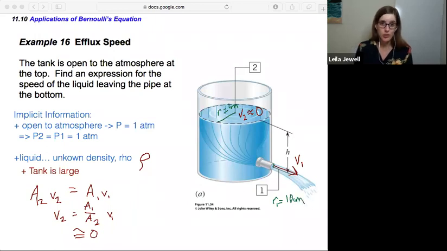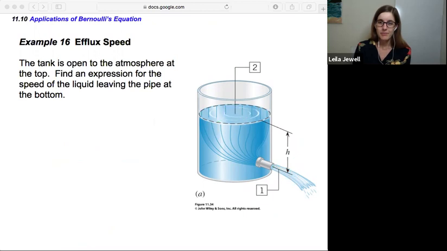And when you square those radii and divide them by each other, you do find that it's a tiny amount of velocity. So because the tank is large, V2 we can say is equal to 0. Now with these ideas, along with Bernoulli's equation, we are armed to find the speed at the bottom. So let's take a look.